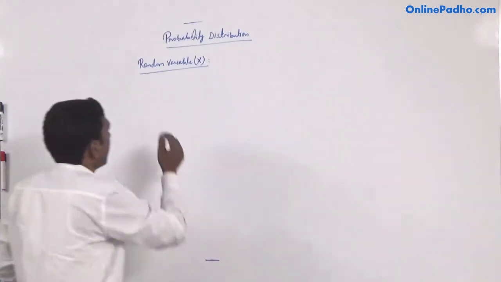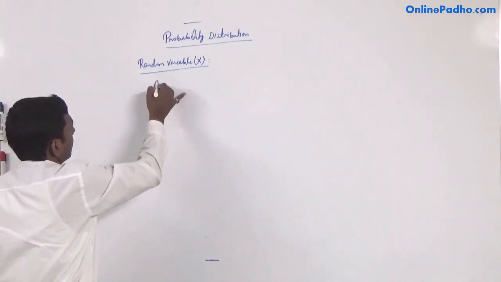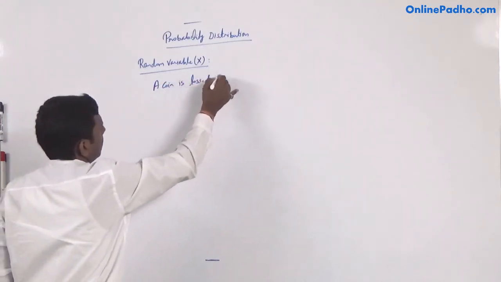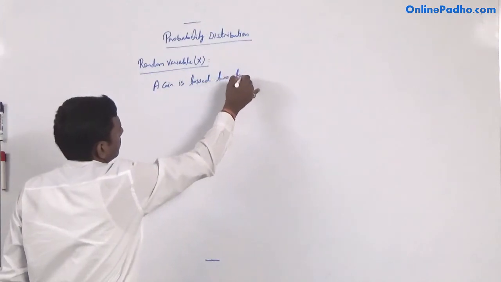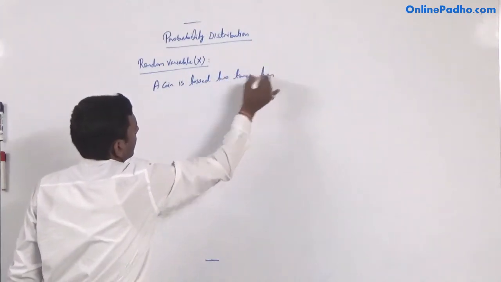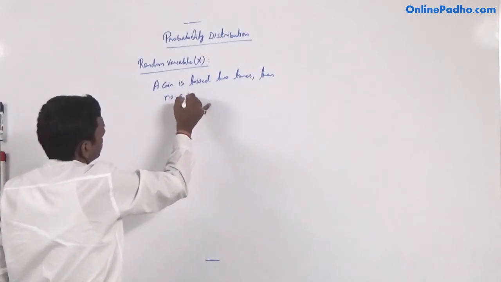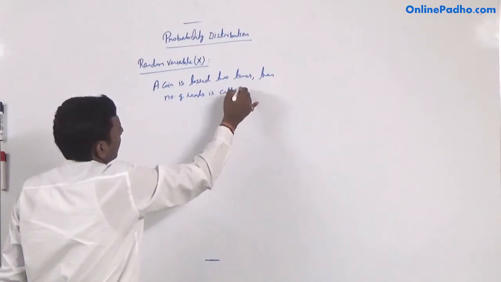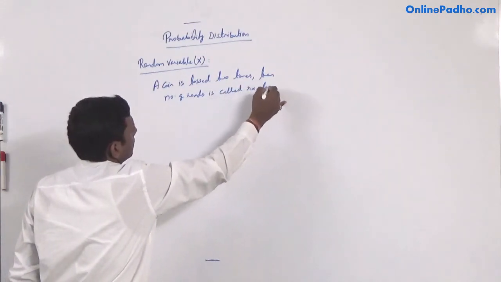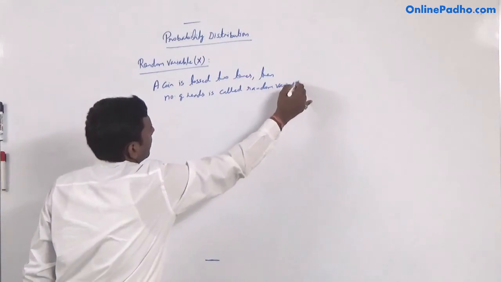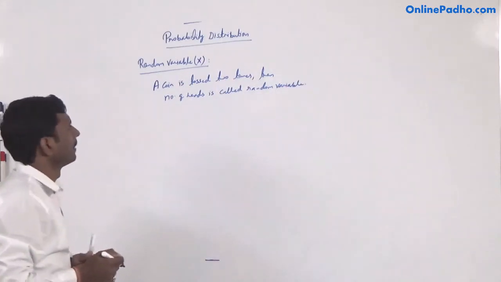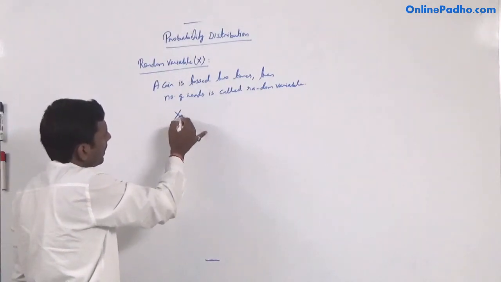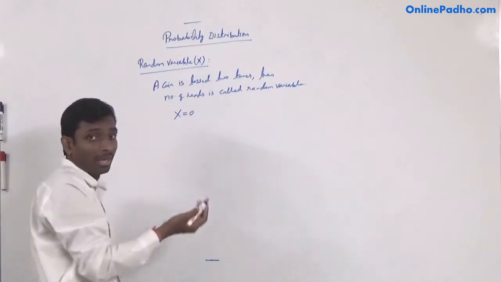For example, if a coin is tossed 2 times, then the number of heads is called the random variable in this experiment. The number of heads can be 0, there is no head.